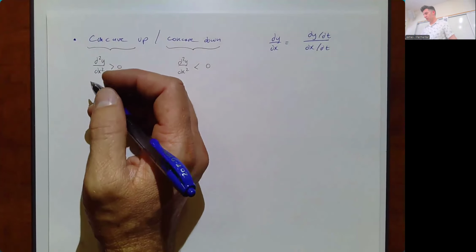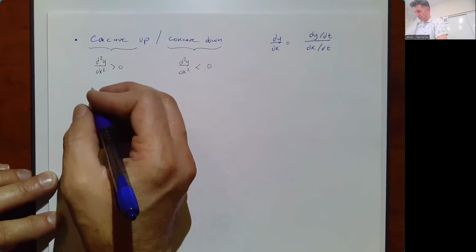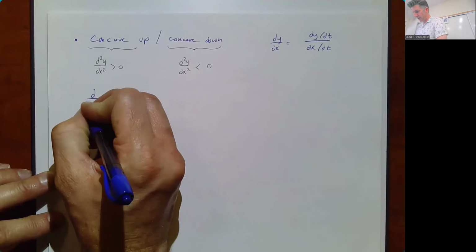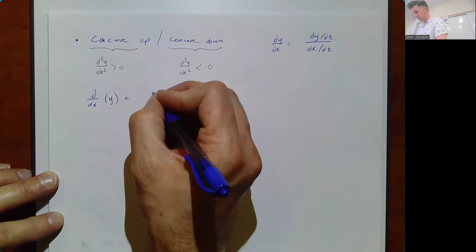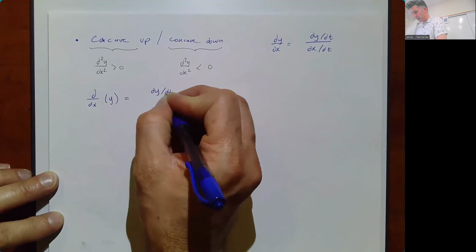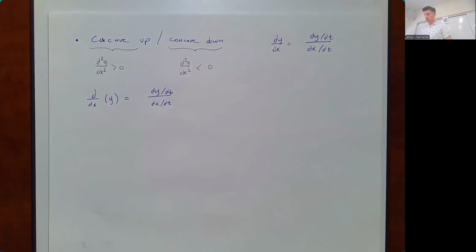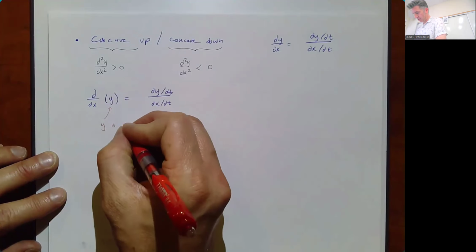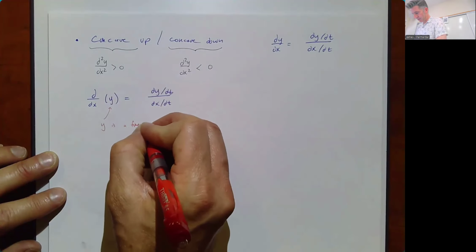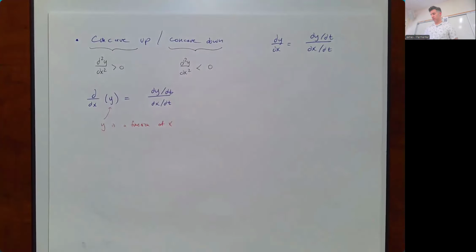Right, okay, so here's what we had before. The derivative with respect to x of y was equal to dy/dt over dx/dt. And it's important to remember here that y is a function of x. So we're going to do the same sort of thing, but now with y prime.